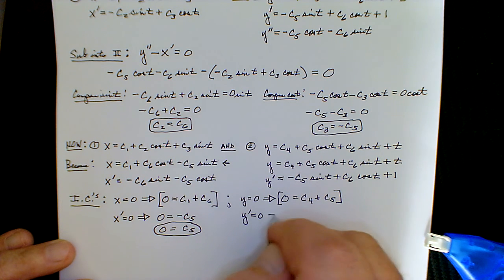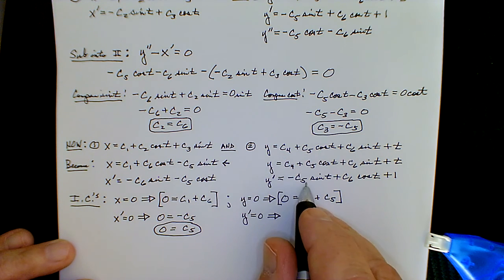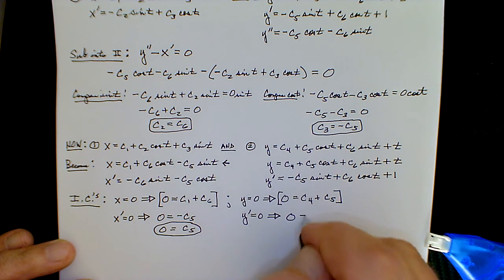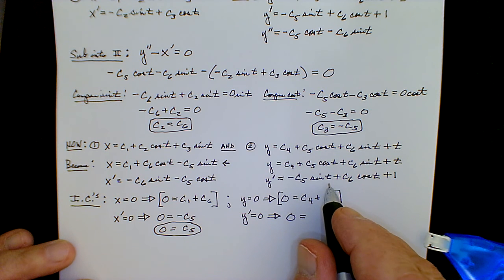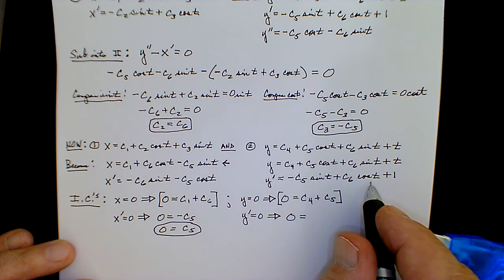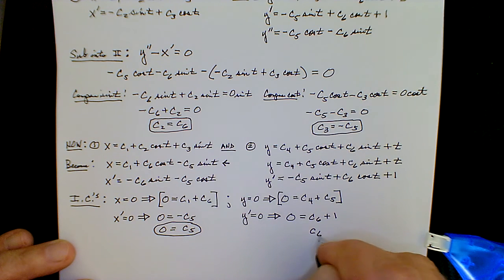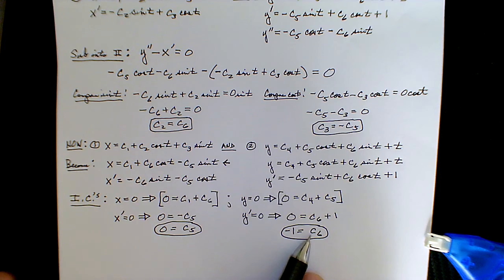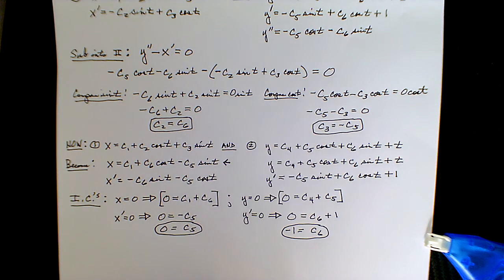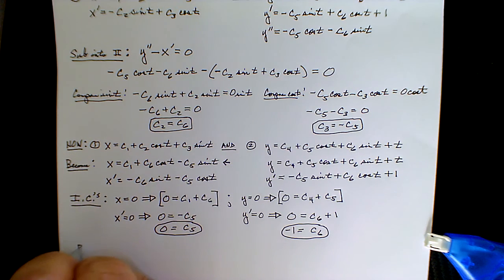Y prime of 0 is 0. Gives us, so now we're here, y prime, 0 equals, again, sine of 0 is 0, cosine of 0 is 1, so C6 plus 1, so C6 is negative 1. Okay, so now we'll work our way back to these brackets. I guess I'll just say back substitute.